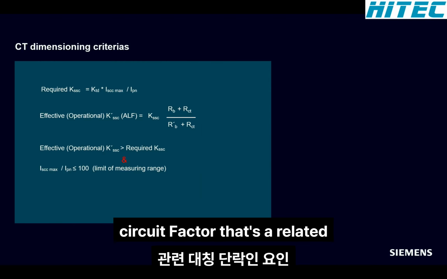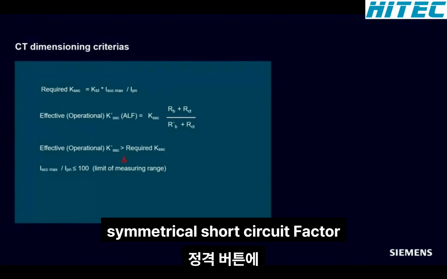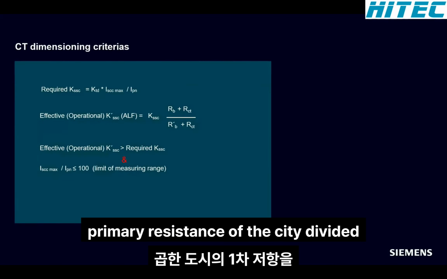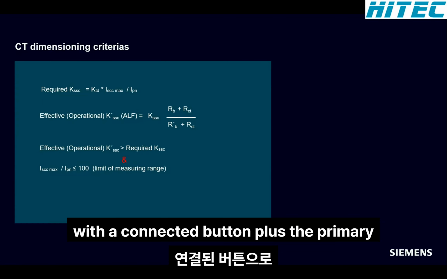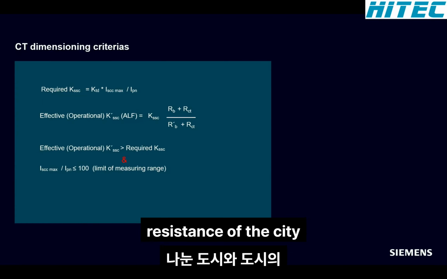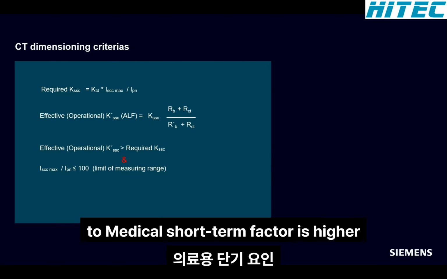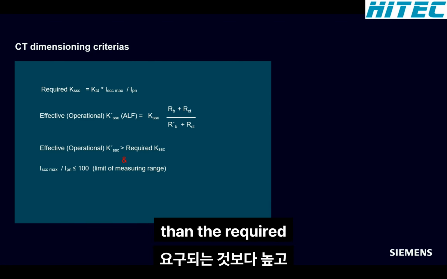That's the rated symmetrical short circuit factor multiplied with the rated burden plus the primary resistance of the CT, divided by the connected burden plus the primary resistance of the CT. And the CT is fine if the effective symmetrical short circuit factor is higher than the required.